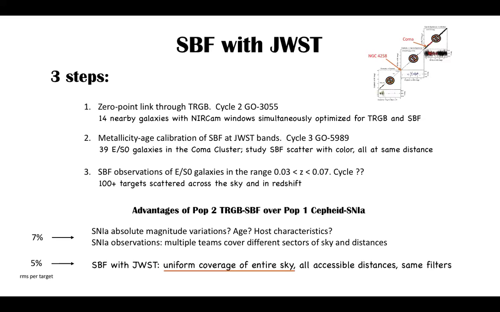And then remaining to be done, we don't have this time, but we'll put in proposals and hopefully we or somebody else will look at surface brightness fluctuation observations of galaxies out to redshifts of 0.07 or so with James Webb, all with the same filters.